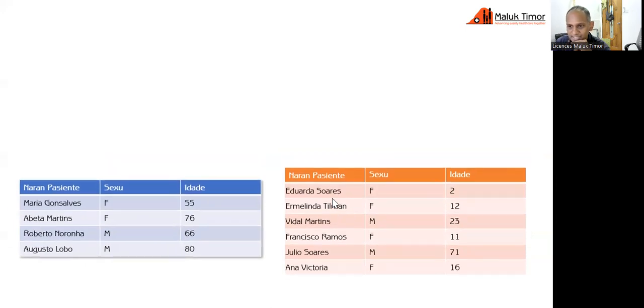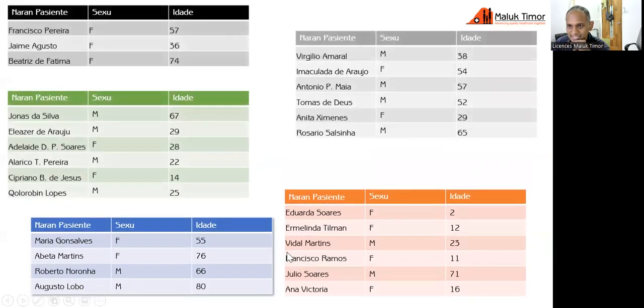Now, imagine again that you have not just 2 data sets, but 5 data sets. You have to compare 5 different clinics, or maybe 6 clinics, like all the clinics within one municipality, or 77 clinics, like all of the CHCs, all of the SSK in all of Timor.